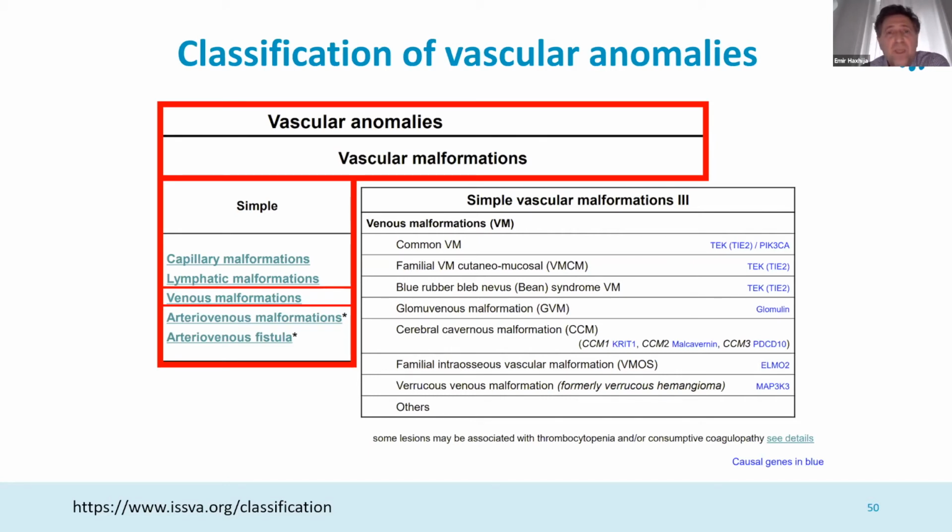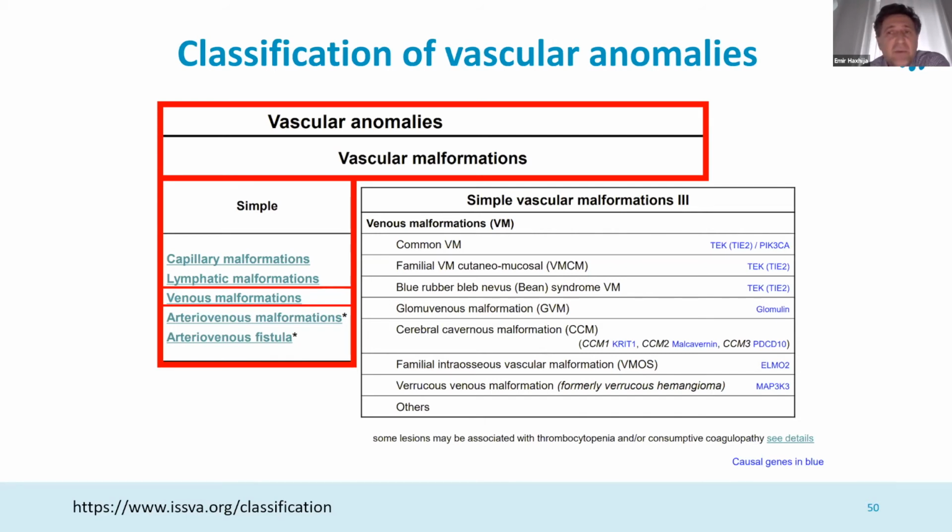And you have then another group of familial venous malformations with cutaneomucosal malformations, a blue rubber bleb nevus syndrome, which has also a visceral involvement, or a glomovenous malformations, which is very specific, and you can see it corresponds very well to the Virchow explanation of racemosus, or bunches, clusters.